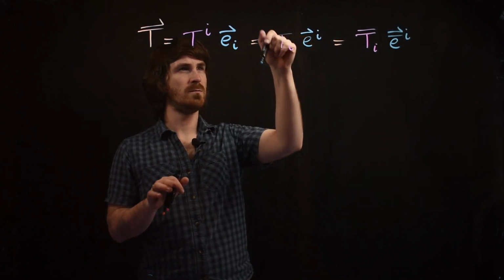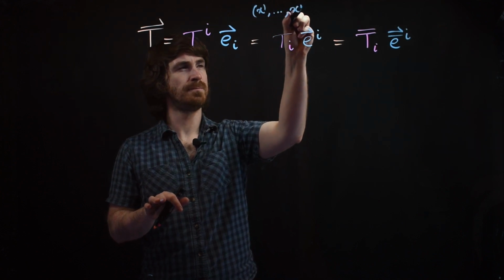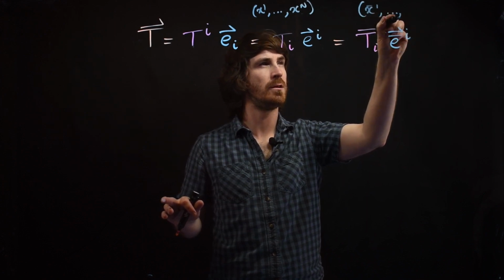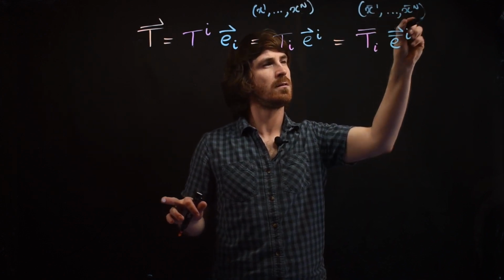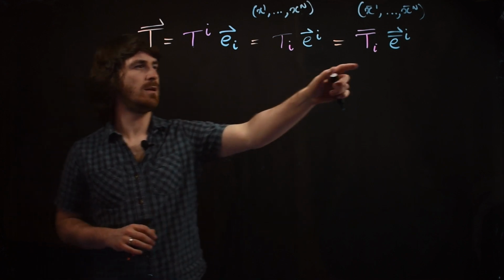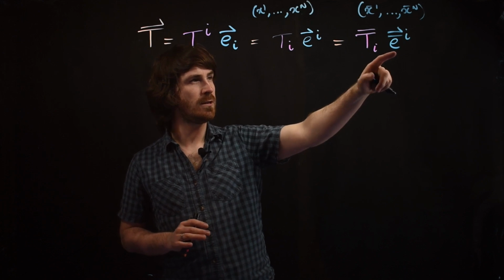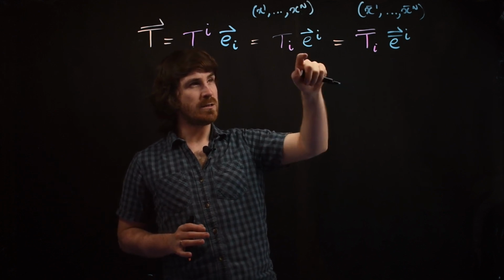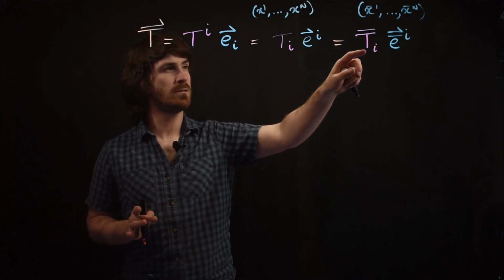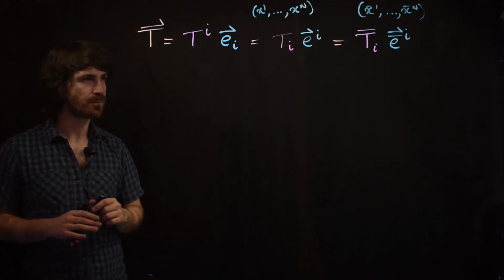This system is x1 to xn, and this system is x bar 1 to x bar n. We want to know how the e^i bar and the e^i are related: how do the dual basis vectors transform between the coordinate systems, and how do the components transform between the two coordinate systems?